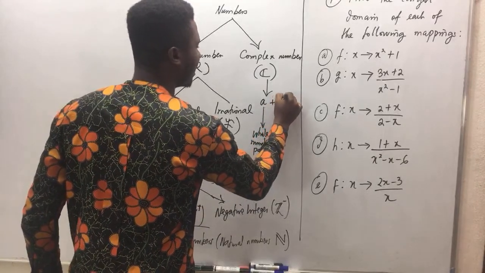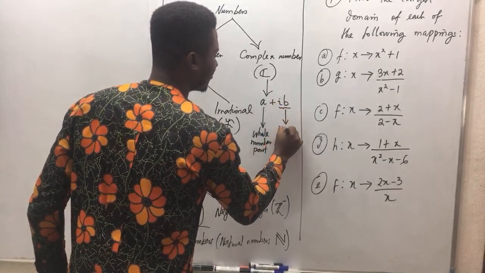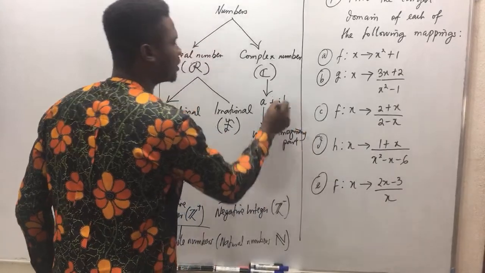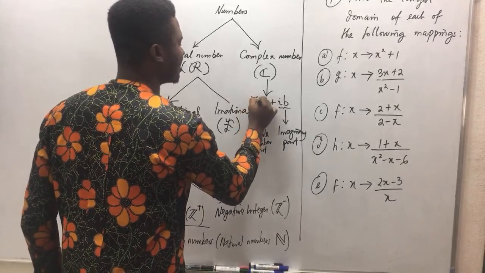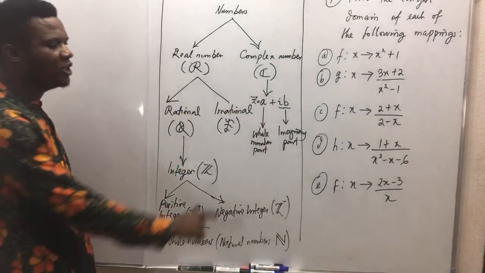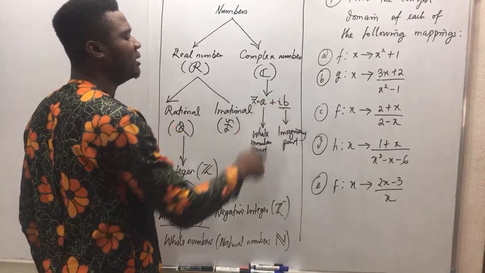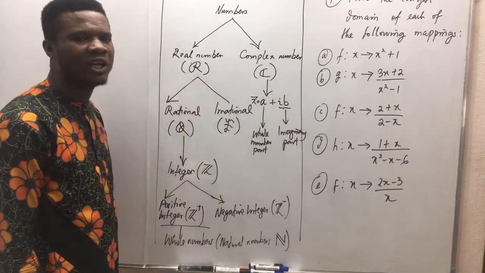So there is a part here that has iB, called the imaginary part. In this imaginary part of a complex number, denoted by Z, please take note, the imaginary part is made up of i and B. The B there is a real number, and the i is called an imaginary unit.